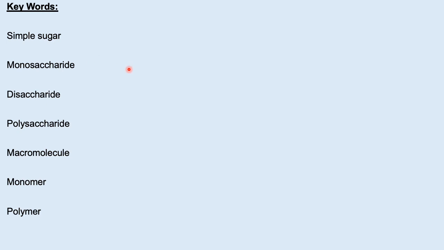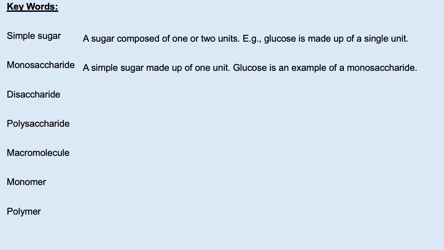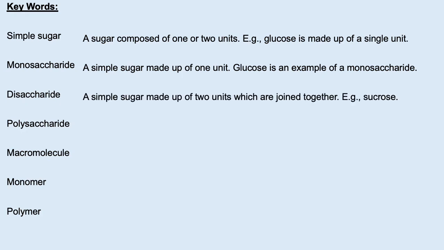So for the key words then, we have simple sugar, which is a sugar composed of 1 or 2 units. For example, glucose is made up of a single unit. Monosaccharide is a simple sugar made up of 1 unit, and glucose is an example. A disaccharide is a simple sugar made up of 2 units, which are joined together with a chemical bond.